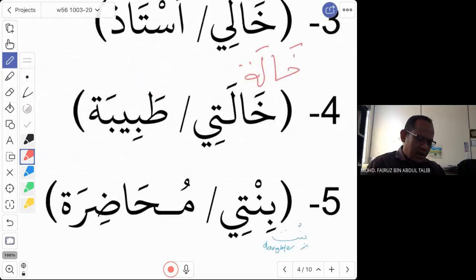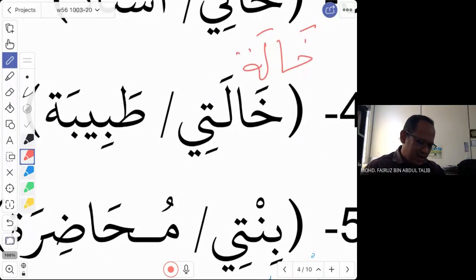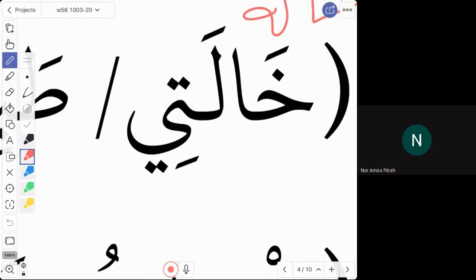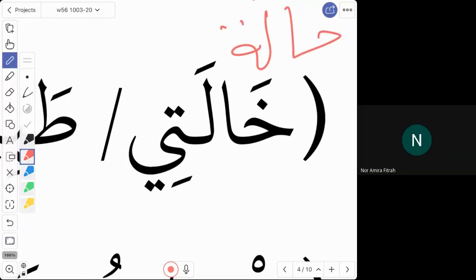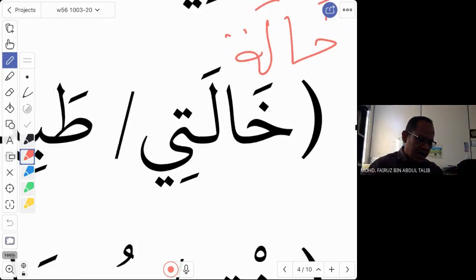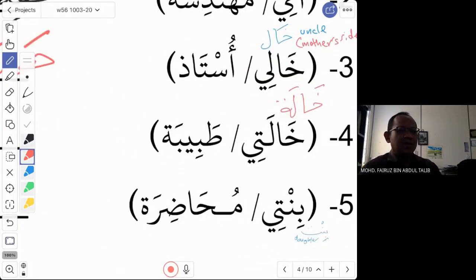Is it khalita or khalati? هذه خالاتي. Hazihi khalati. Yes, correct. هذه خالاتي تعمل طبيبة. Ta'malu tabiba. Hazihi khalati ta'malu tabiba. Yes.